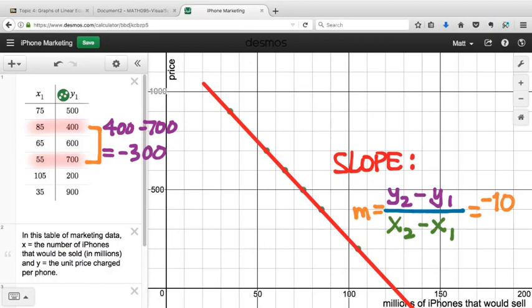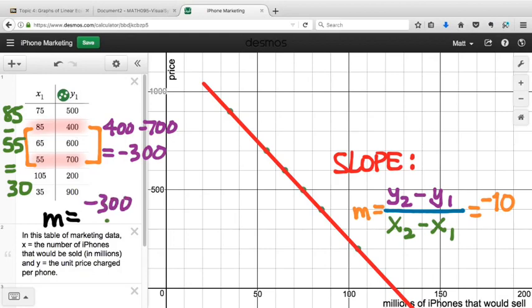And then if I do the same thing with my two x values, 85 minus 55, that's going to give me 30. And so to find the slope, I would just divide this difference by that difference. That's where my -10 is coming from: -300 divided by +30, and that's -10.